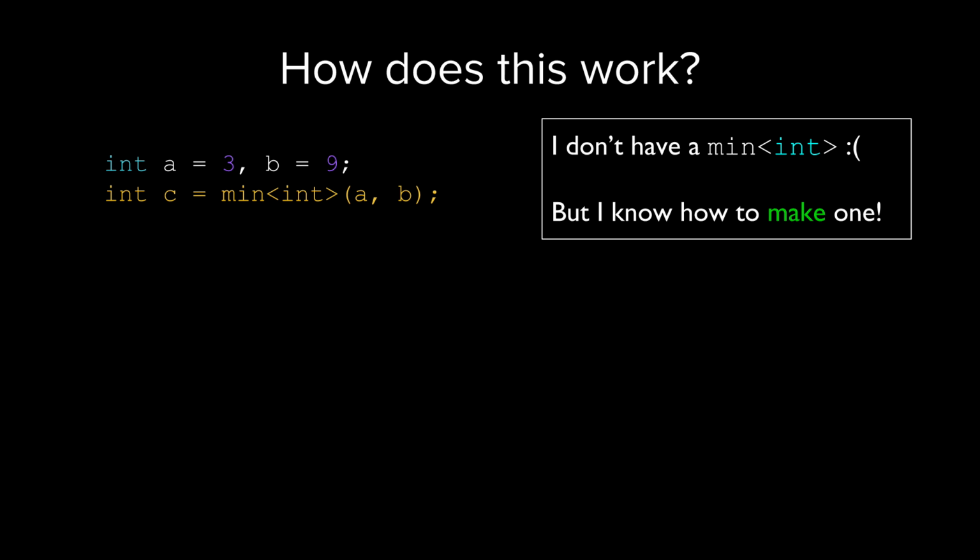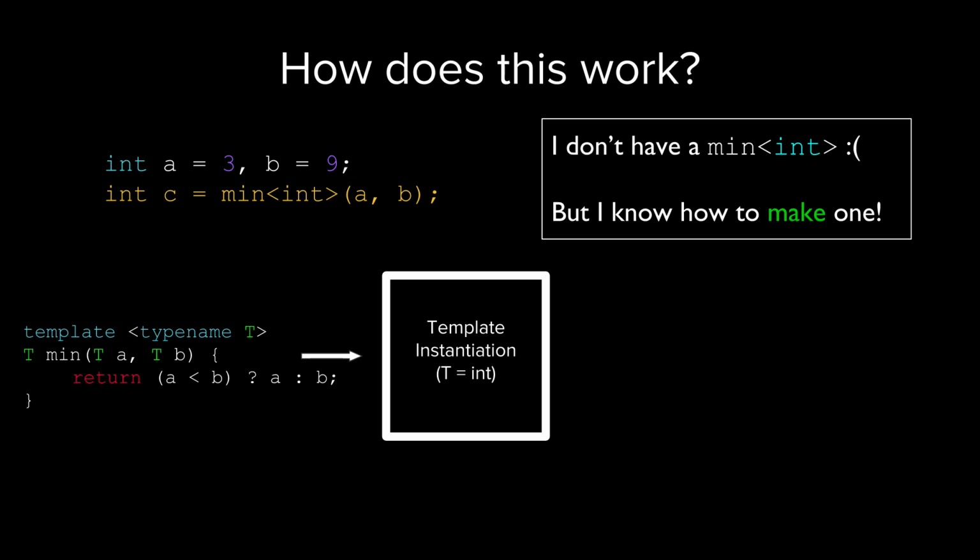But I do know how to make one. Someone gave me a cookie cutter template of how this function should look for any type. So I just have to replace that type with this type, and that will give me the function I want. So in a very literal sense, it takes this template function and then generates this function from it with the type T replaced with int.